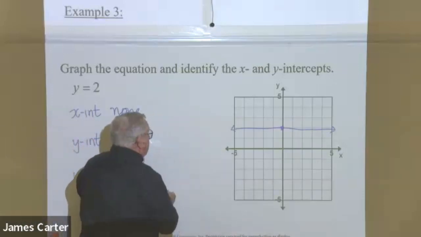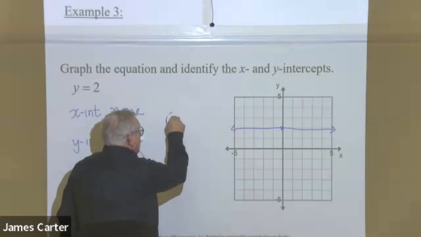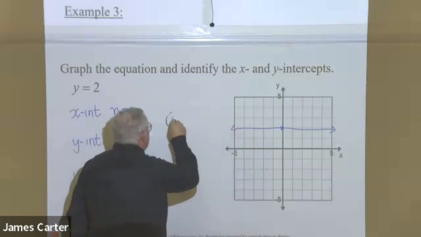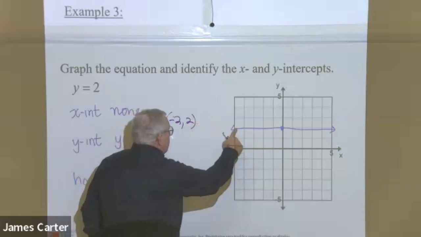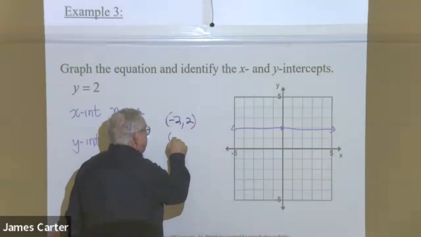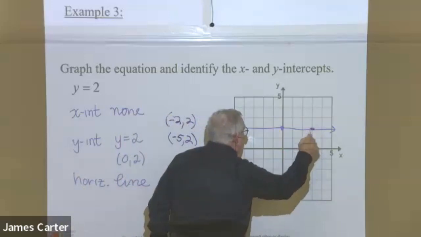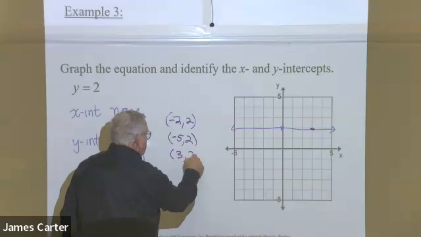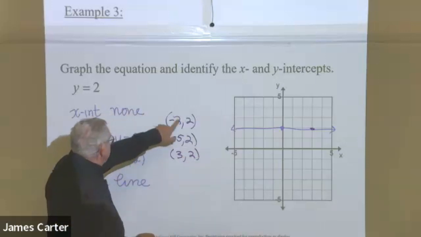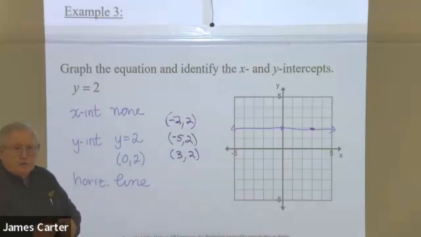Well, we also have the points -2, 2, and -5, 2. Over here, we have the point +3, 2. And in all cases, we have a constant y equals 2 value.